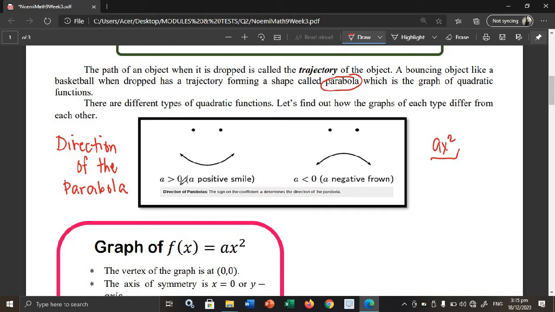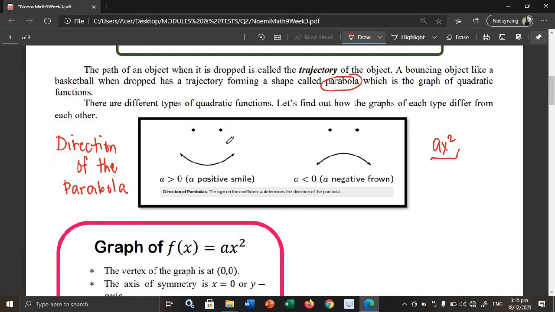Sabi dito sa una, kapag daw si A is greater than 0, meaning si A ay positive number, such as 1, 2, 3, kasi mas mataas daw siya sa 0, therefore positive numbers yun. Therefore, ang opening daw ng parabola will be upward, just like this picture, or a happy face, a positive smile.